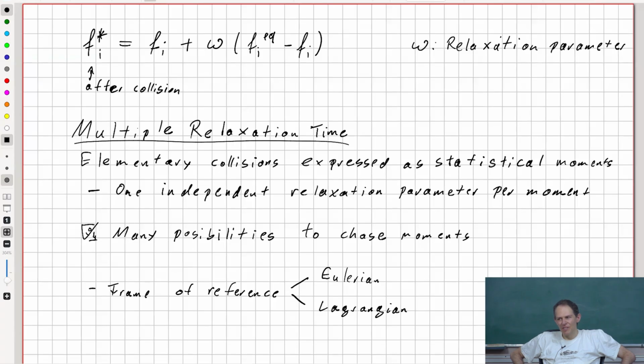What is an Eulerian frame of reference? An Eulerian frame of reference is one that is fixed in space. We also call this the lab frame. A Lagrangian frame of reference is the frame that is fixed to the material that you are studying.